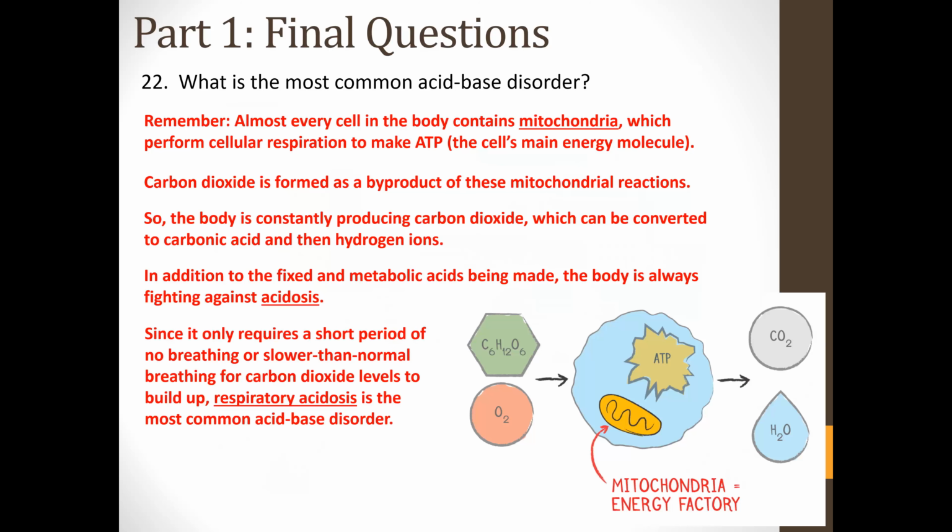And since it only requires a short period of no breathing or slower than normal breathing for carbon dioxide levels to build up, respiratory acidosis is the most common acid-base disorder, followed closely by metabolic acidosis, which would be the second most common acid-base disorder, because for the reasons just explained, we are always fighting against acidosis.